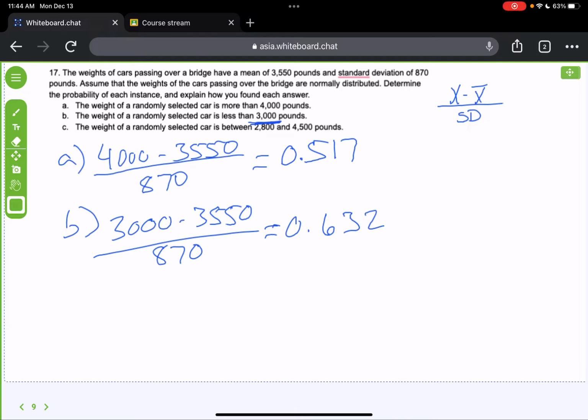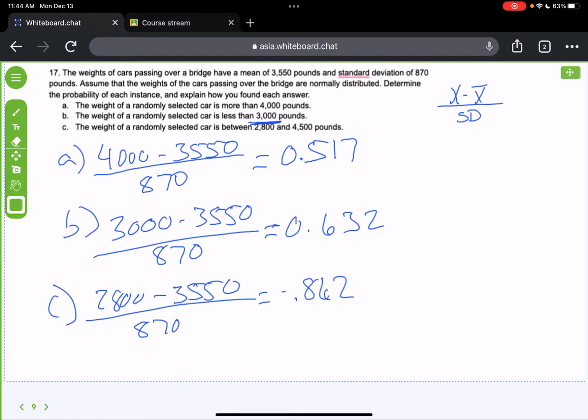Now let's look at this next one here. It says that the car weighs between 2,800 and 4,500. So what we would have to do is just do both of those. We'll say 2,800 minus 3,550 divided by 870. That's going to be about negative 0.862.